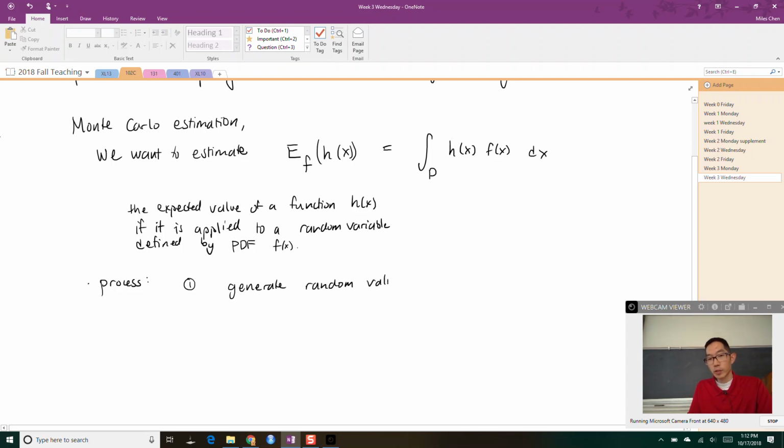Yeah, we generate random values from f of x. Okay, then what do we do? We apply h to the random values, and then we get what? Take the sample mean.